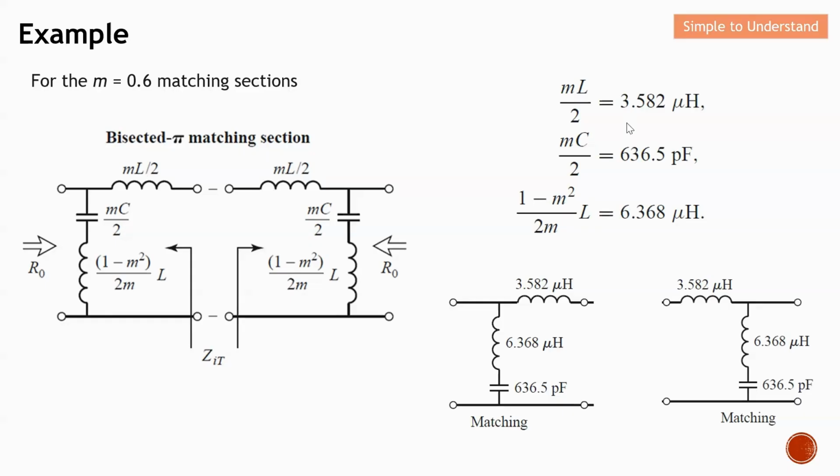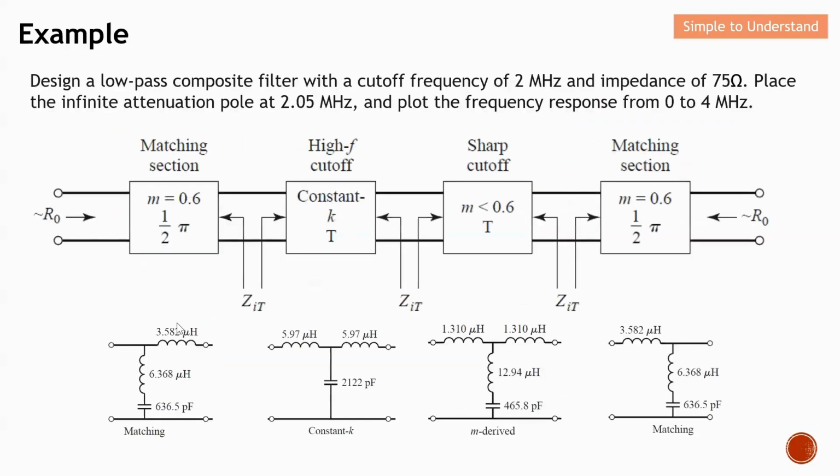With this, I have successfully designed the matching components for the input and also the output. If we put all this at the input and the output, I have successfully designed this low-pass composite filter with a cutoff frequency at 2 MHz, and I also strategized putting this attenuation pole at 2.05 MHz.